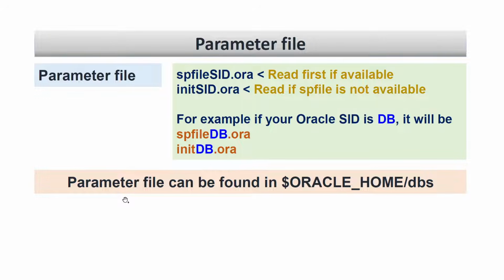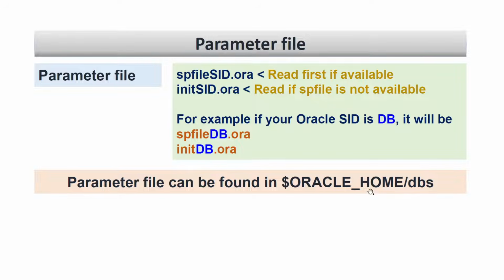Now, let's proceed with our initialization parameter file. For the initialization parameter file, there are two files. One is spfileSID.ora or initSID.ora. So if your SID is DB, the files will look like spfiledb.ora or initdb.ora. You can have both of these files. Basically, those files are also found in the Oracle Home dbs location.